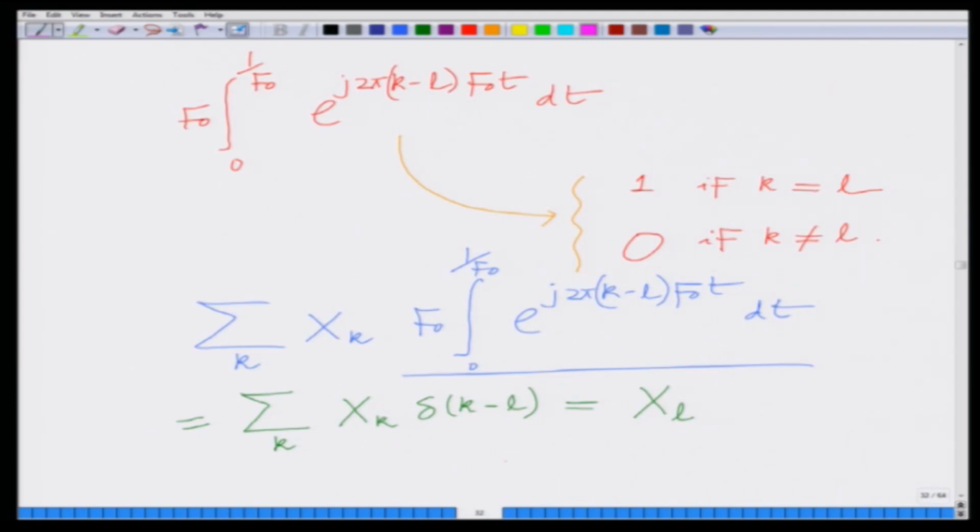We said if you look at these two subcarriers K and L, the integral from 0 to 1 over f naught of e raised to j 2 pi (k minus L) f naught t dt is equal to 1 if k is equal to L, and equal to 0 if k is not equal to L, which means any two different subcarriers K and L in this system are orthogonal, and this orthogonality between the subcarriers is used to resolve the symbols transmitted on the different subcarriers at the receiver. That is the first aspect.